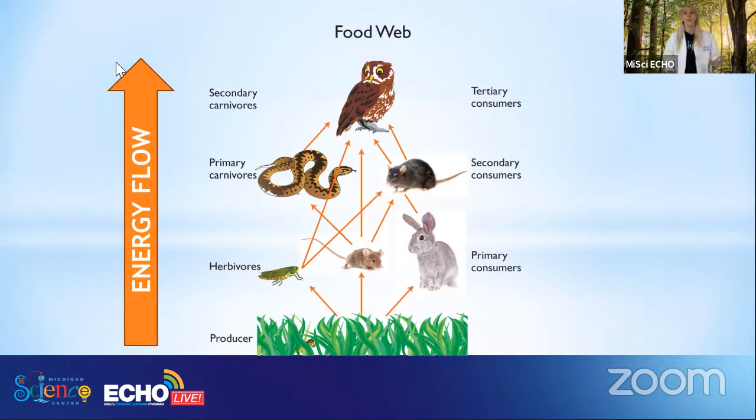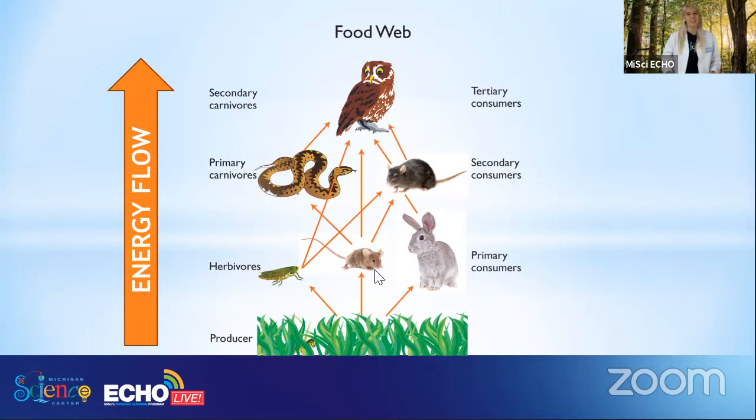The only other important part of this diagram to note is that the arrows, I've written, represent energy flow. So it can often be confusing when you're looking at a web like this one and think that the arrow points from one thing to the thing that it eats, but we've already figured out that it's the exact opposite.